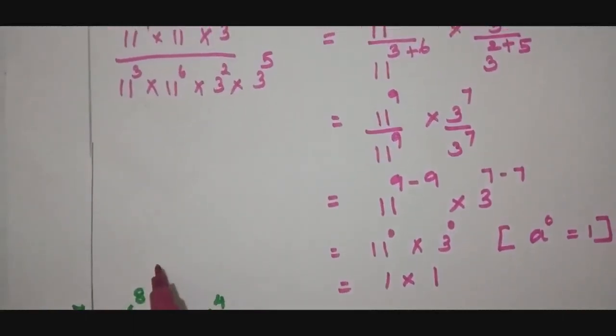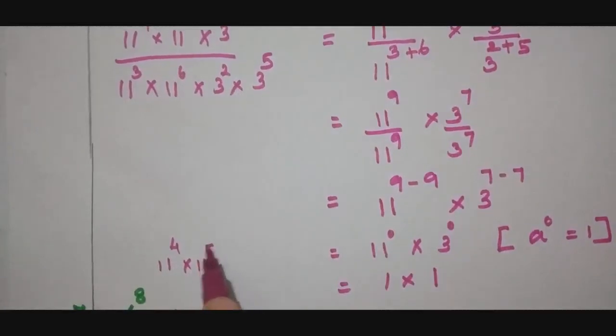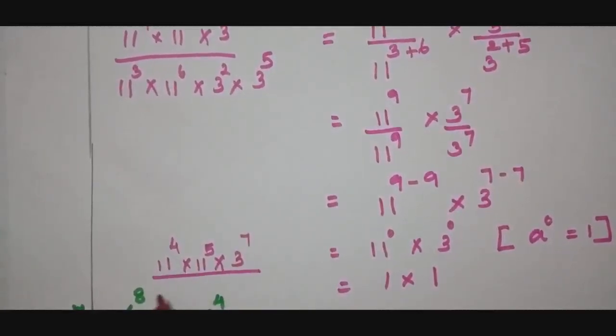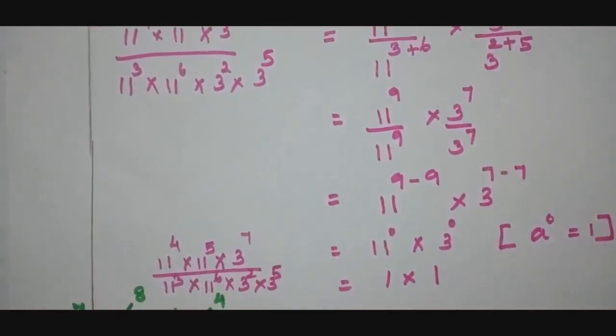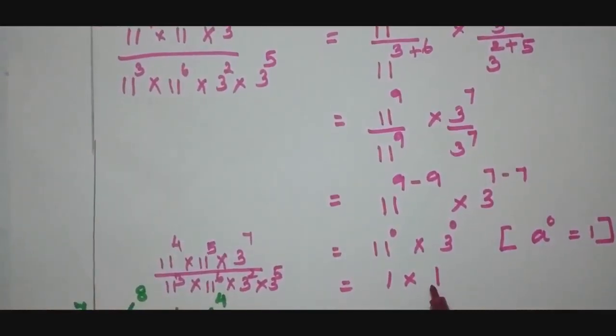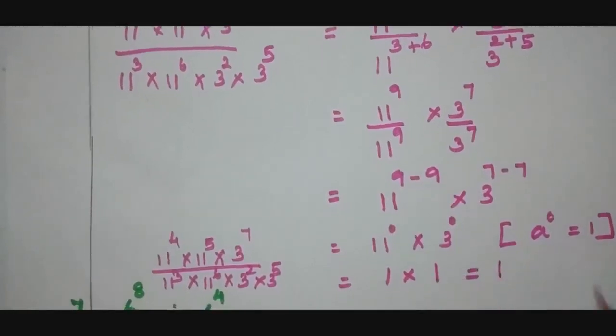So your answer is 11 power 4 into 11 power 5 into 3 power 7 divided by 11 power 3 into 11 power 6 into 3 power 2 into 3 power 5 is equal to 1 into 1 is 1.